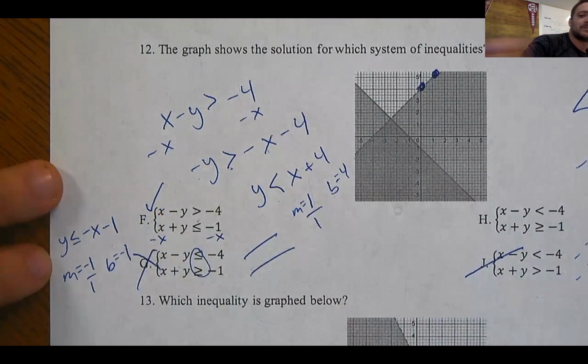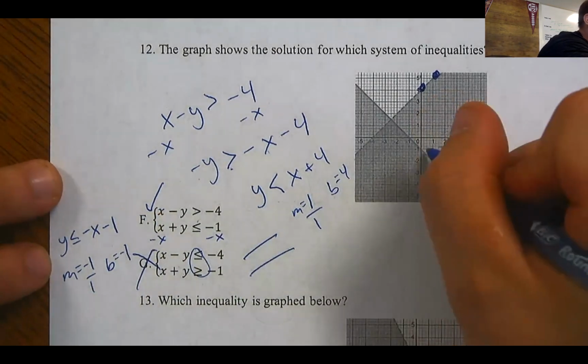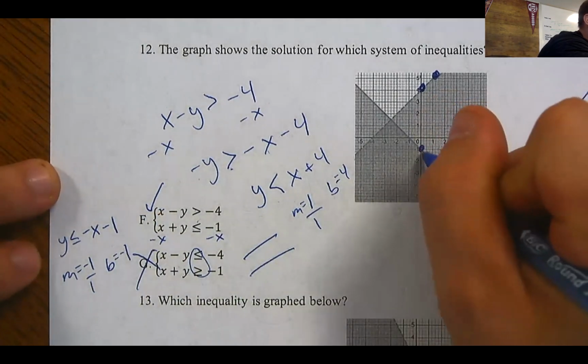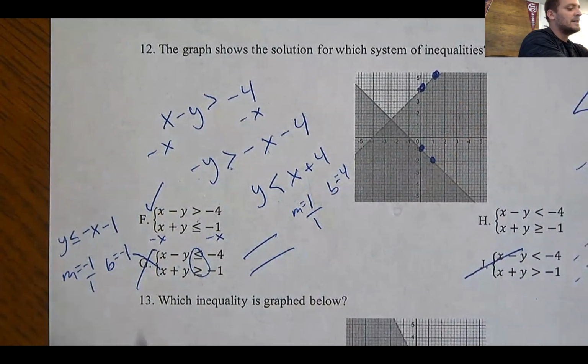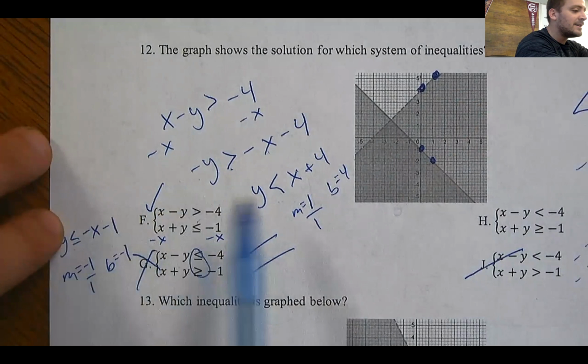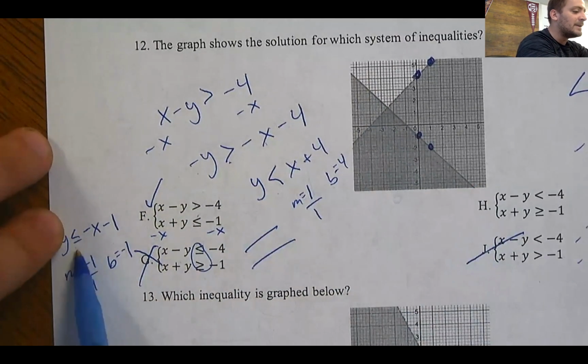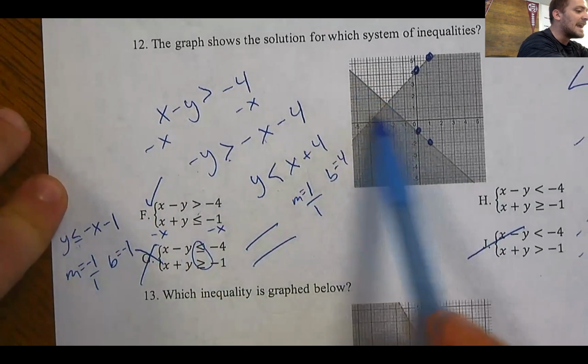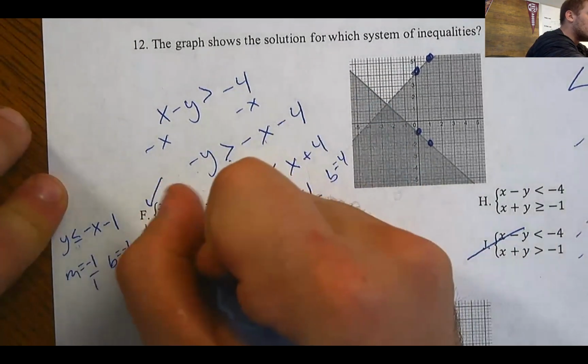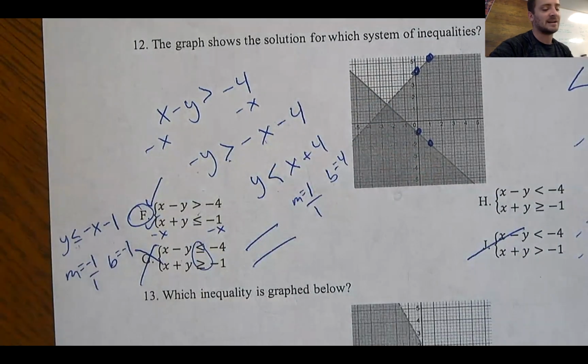Let's see if that fits. So a y-intercept of negative 1, and my slope is down 1 over 1. That works. Is it a solid line? Yes, it's a solid line because we have the equal to bar. Did we shade below? Yes, we shaded below. So answer choice F is correct. That looks good.